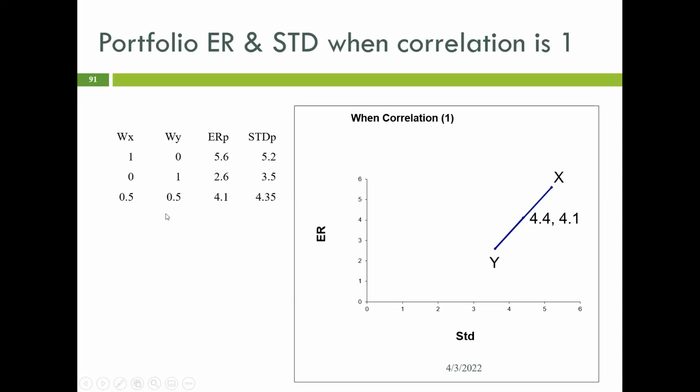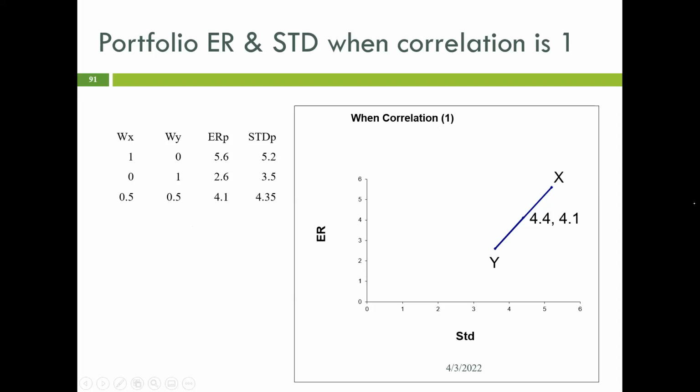Likewise, changing the weights, if you draw the expected return against standard deviation, you will end up with a straight line like this if the correlation coefficient is perfectly positive. So your diversification effect limits from here to here.